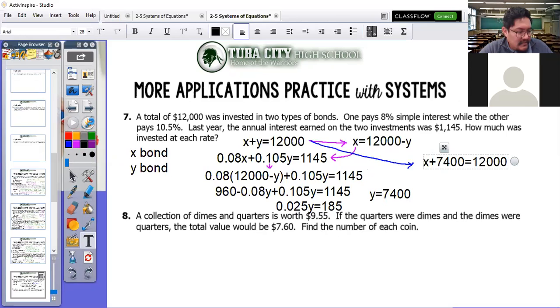I'm going to minus 7,400 from both sides, and that gives me what I'm looking for. So X equals 4,600. So there you go. How much was invested at each rate?